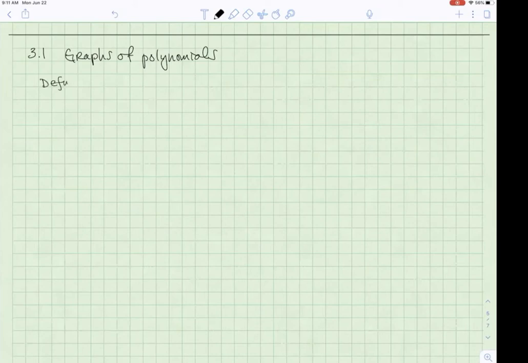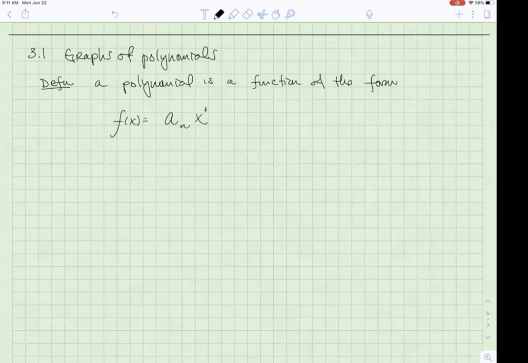Definition. A polynomial is a function of the form f of x is equal to a sub n x to the n plus a sub n minus 1 x to the n minus 1 plus dot dot dot all the way down to a1 x to the first power plus a naught.